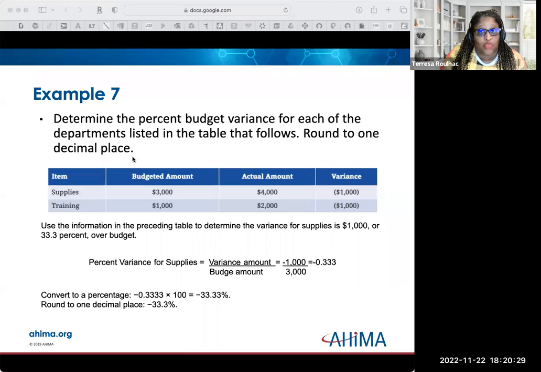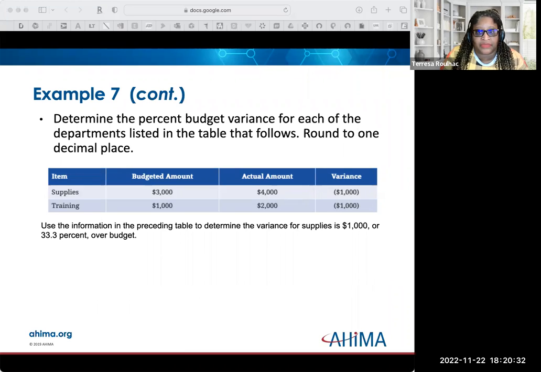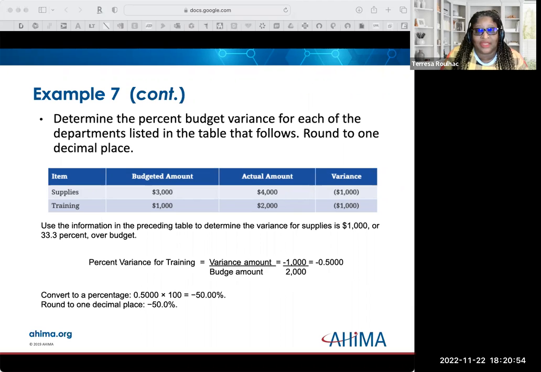Remember, it says round to 1 decimal place. Now for training, it's a little bit different. Well, they both have a variance of 1,000. However, what was budgeted? Here, we had a variance of a negative 1,000 divided by 2,000 is negative 0.500. Rounding to one decimal place, we're at negative 50.0%, okay?